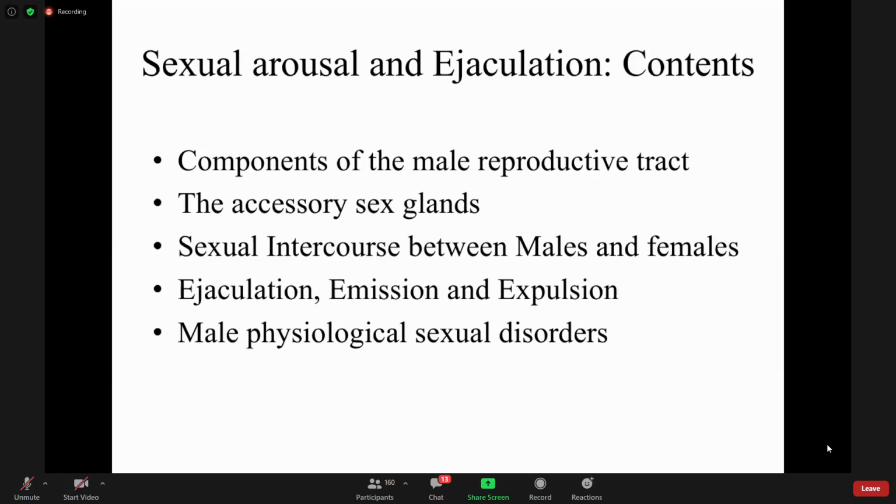There are different phases of the sexual act, which include ejaculation, emission, and expulsion, and also the refractory period.